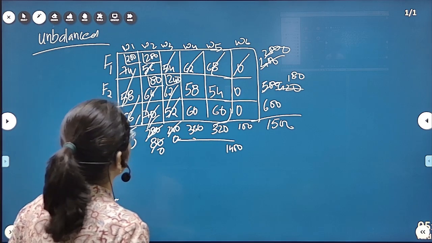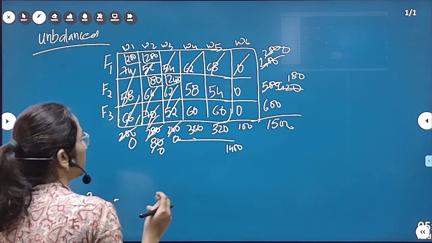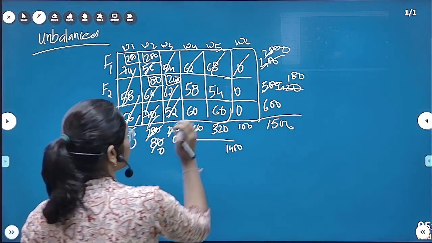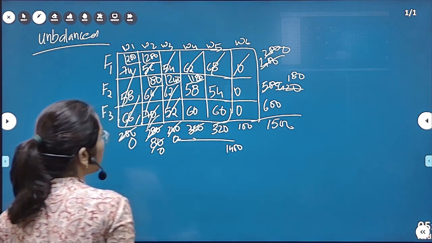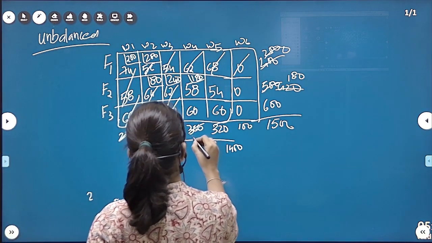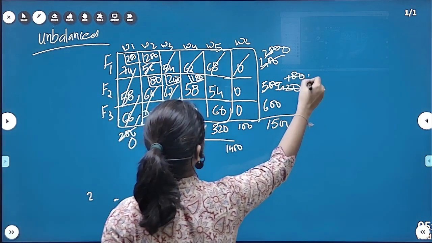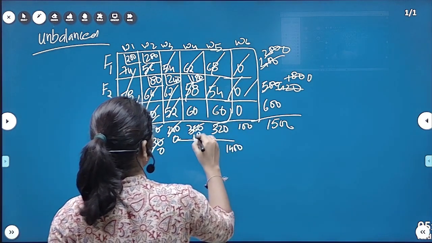Tell me. 420 minus 240, 180, right? Yes, ma'am. So here take 180 units again. 360 minus 180, 180 units are still there.